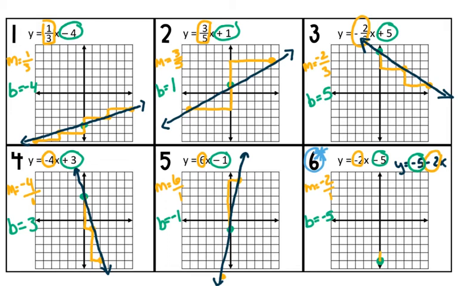So we're going to go up 2, but instead of going to the right, we're going to move to the left. So up 2 over 1, up 2 over 1. And we can see that I still created that negative slope.